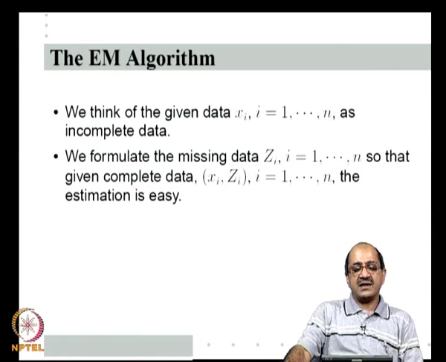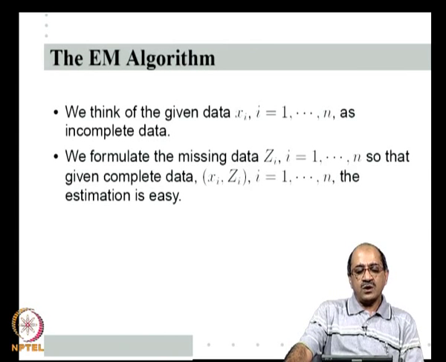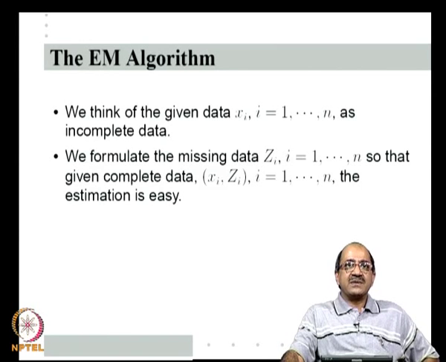So, the incomplete data is x1, x2, ..., xn, that is given to us as data. We formulate some missing data which we call zi, i equal to 1 to n, and then the idea is that if we are given the complete data xi, zi, then the estimation is very easy.